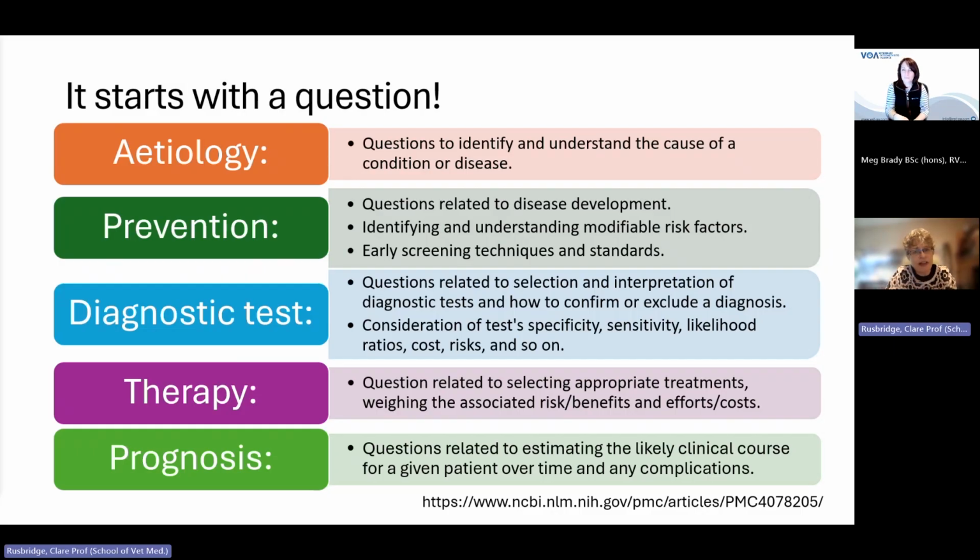And then we have prevention, questions relating to disease development. I suppose one thing that isn't quite osteoarthritis, but something that a lot of you might be dealing with would be intervertebral disc disease. Now, in Dachshunds, let's just pick on a breed. Many Dachshund owners will come to you and say, how do I stop intervertebral disc disease developing?